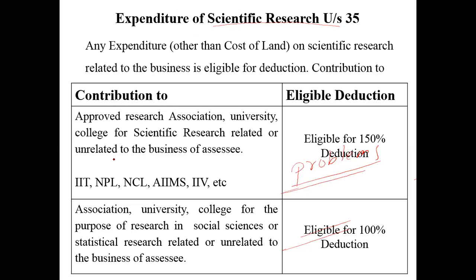Suppose Dhanashri is into a business of paints. She has a business of paints. So she is a distributor of Asian Paints or Nerolac Paints or whatever. She is a main distributor for this particular area as far as paints is concerned. Her nature of business is trading.